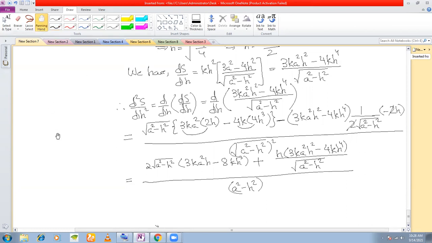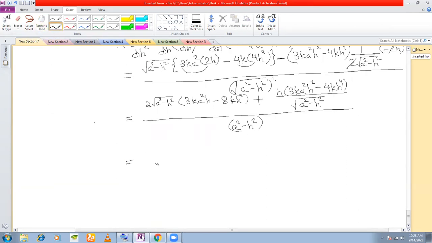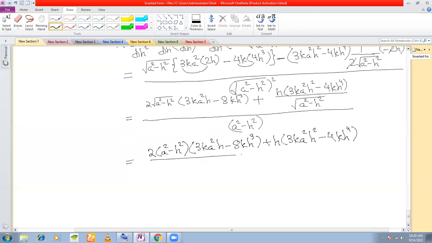Now you take the LCM in the numerator to get twice a square minus h square into 3k a square h minus 8k h cube plus 8 into 3k a square h square minus 4k h to the power of 4 divided by, and you have a radical a square minus h square that comes down.